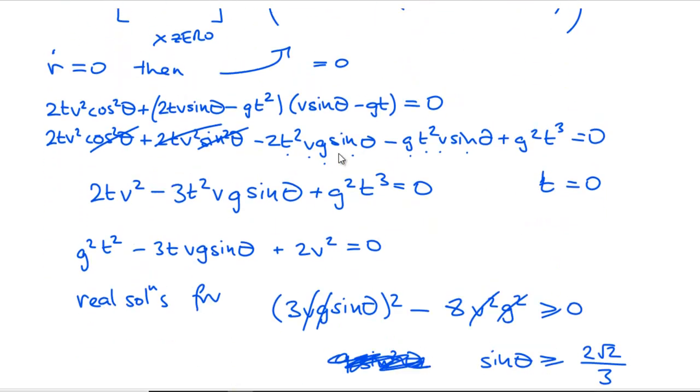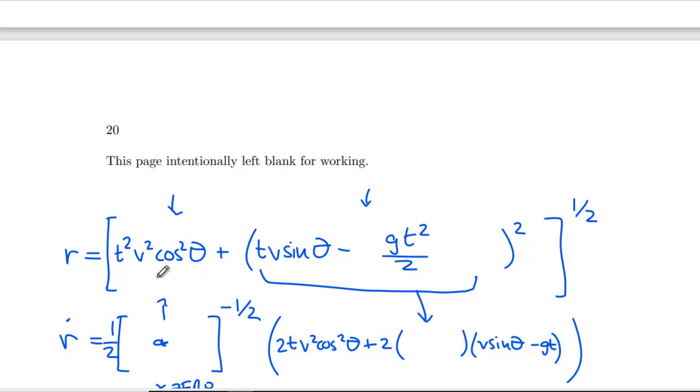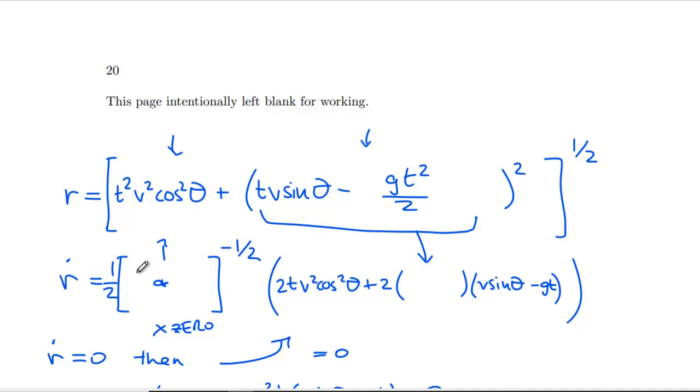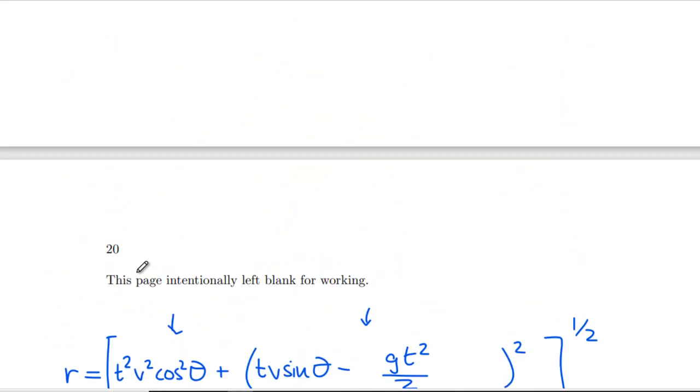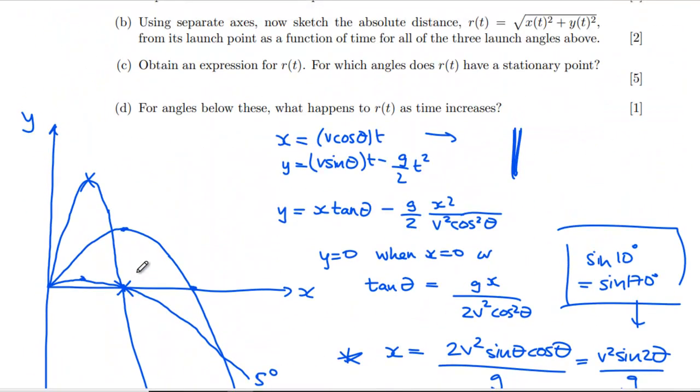What was that t is 0 thing then? For t is 0, that means nothing's doing anything. It seems like a weird, strange one, like time's at a standstill. But anyway, that's for what angles does r of t have a stationary point.